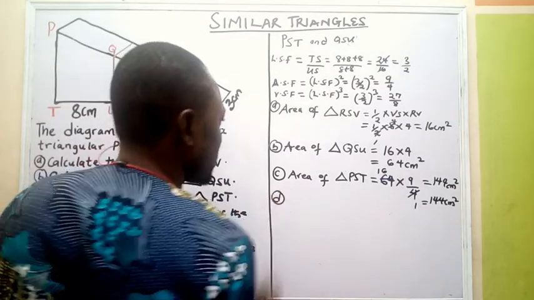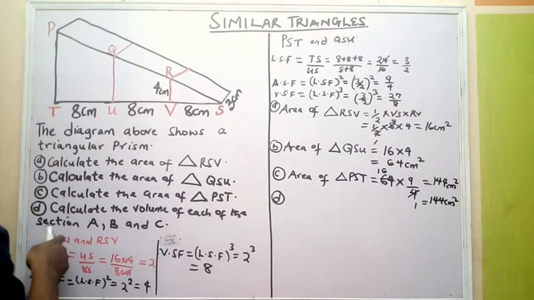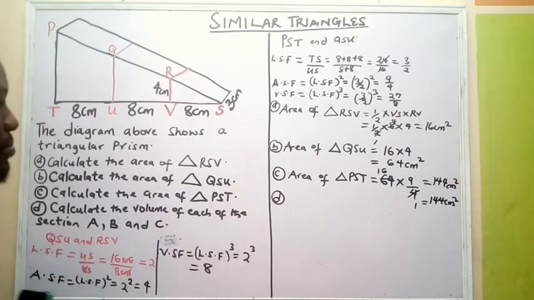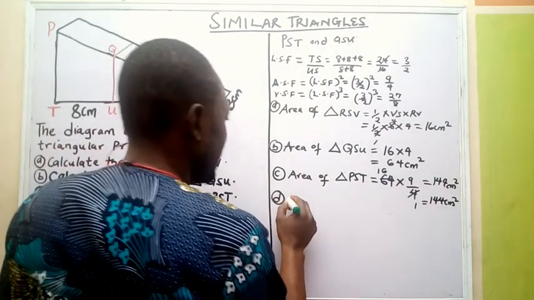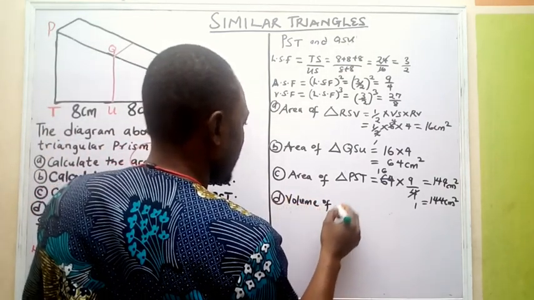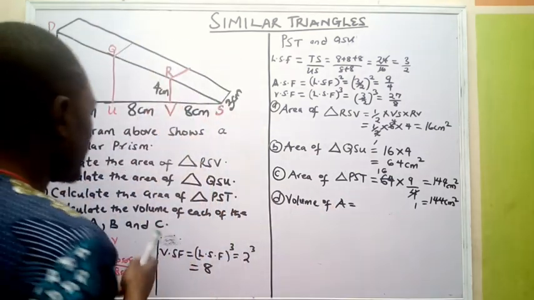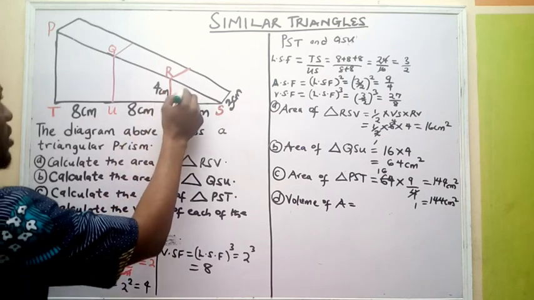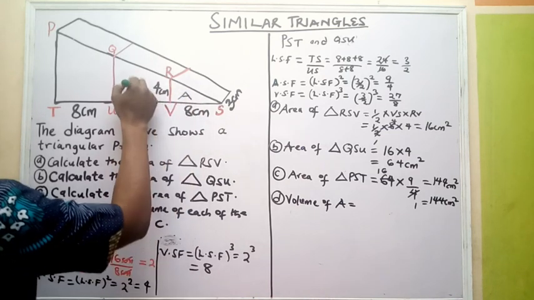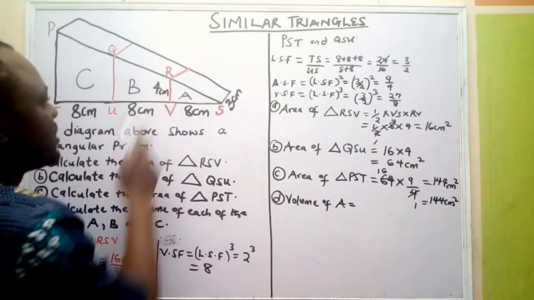Let's move to the D part. We want to find the volume of each section A, B, and C. So to get the volume of A, it's pretty simple. Sorry, this is A, this is B, and this is C. So the volume of A means RSV.